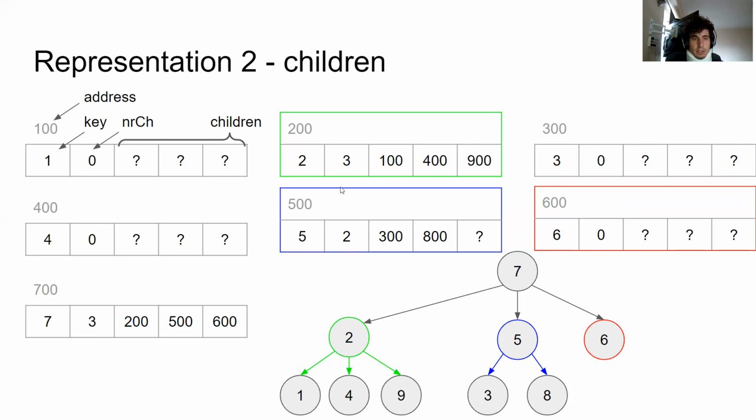So what's important here is that each node has an array of children. We also keep the number of children because we'll always have 3 slots here, so it will depend on the node itself.